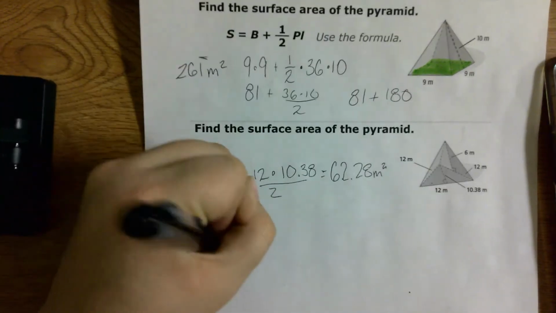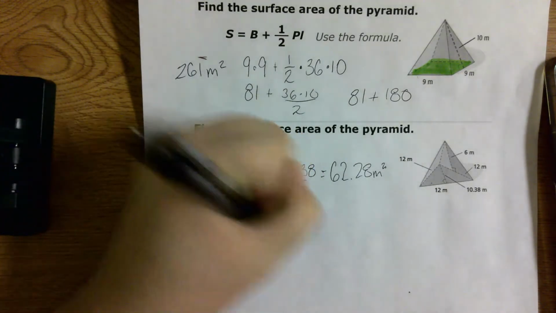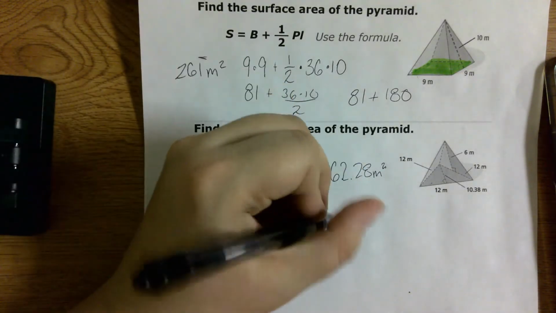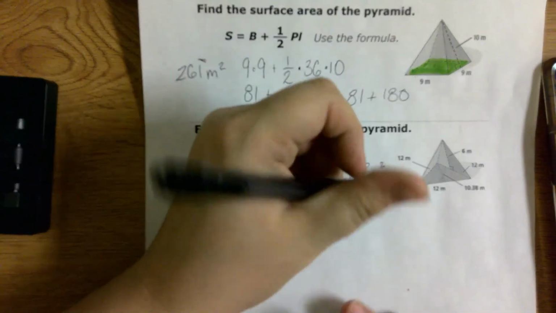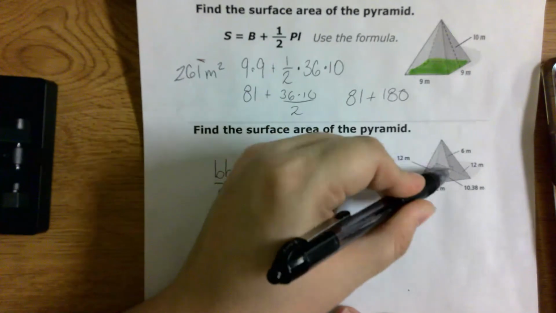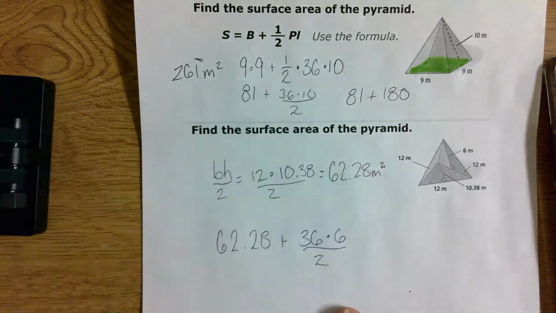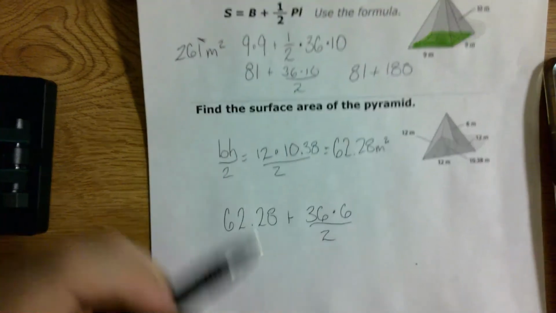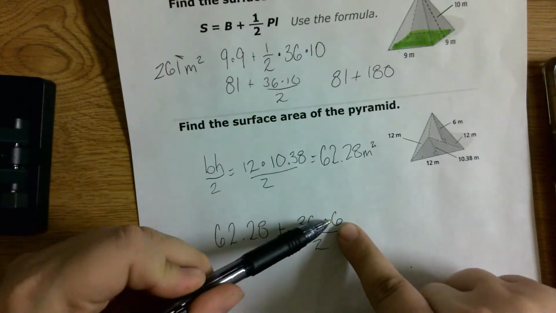So we've now got 62.28 plus 36. My lateral height is 6. So I now have my base plus my perimeter times my lateral height over 2.